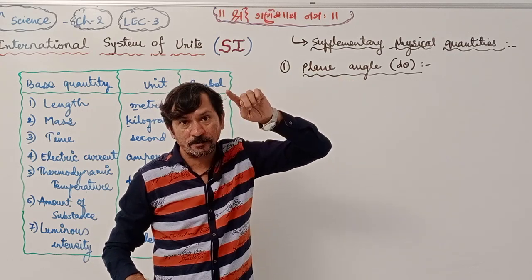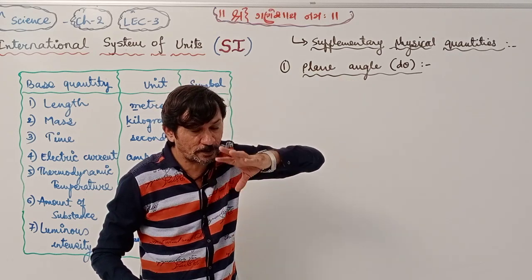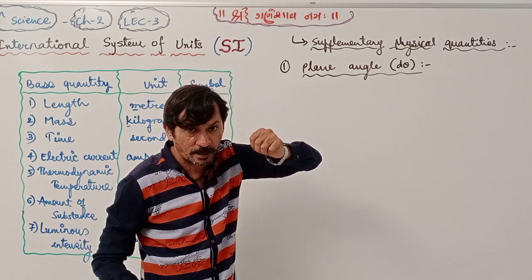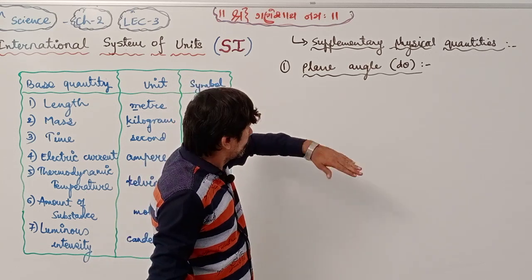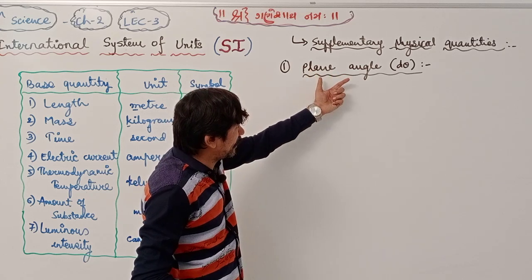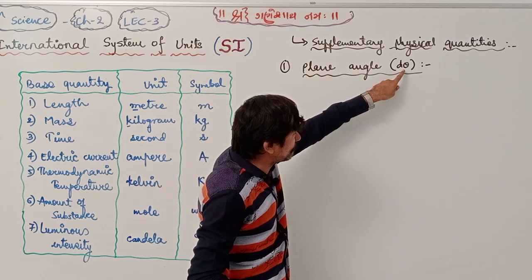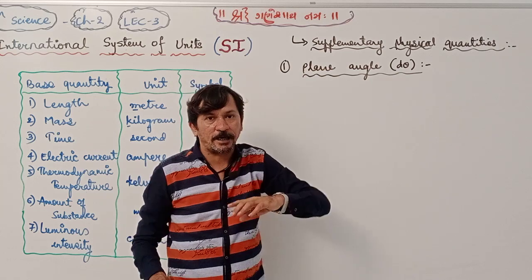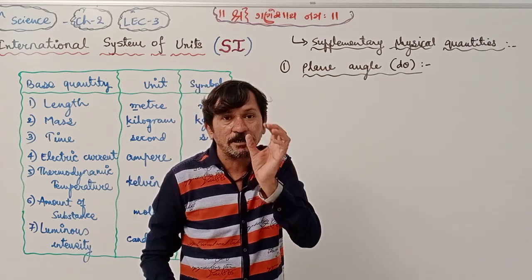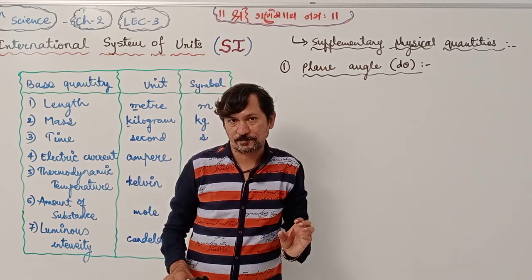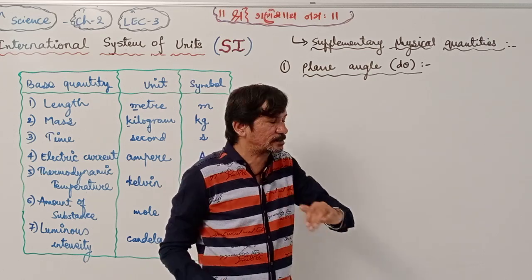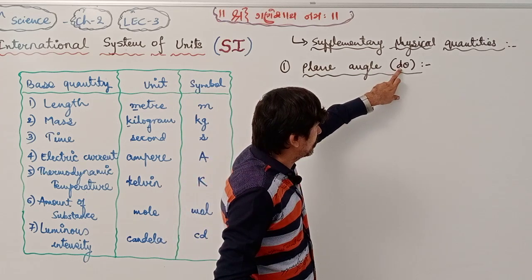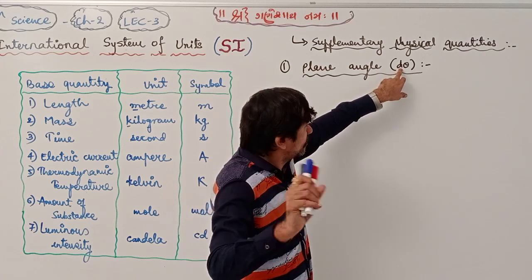You have learned this in your 10th in trigonometry: sin theta, cos theta, tan theta. But in this case, plane angle will be denoted by d theta if the angle is a small angle.